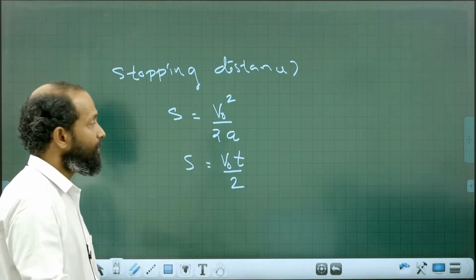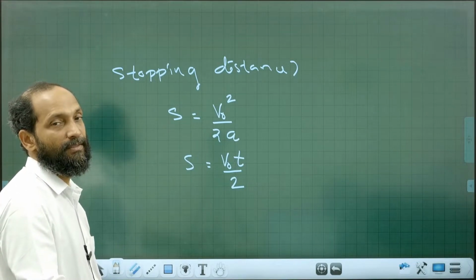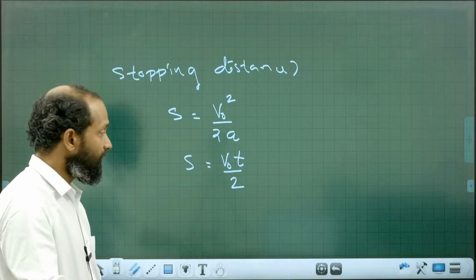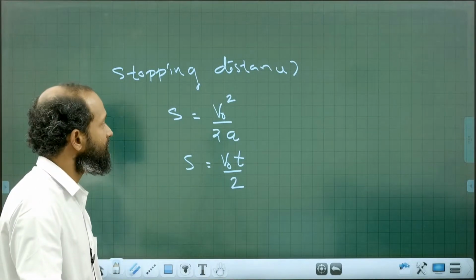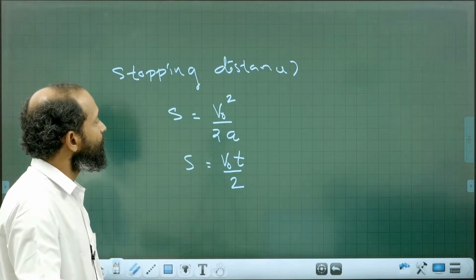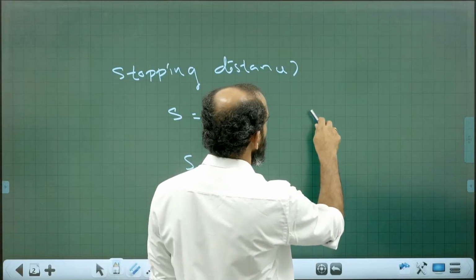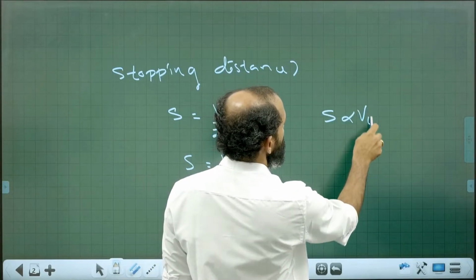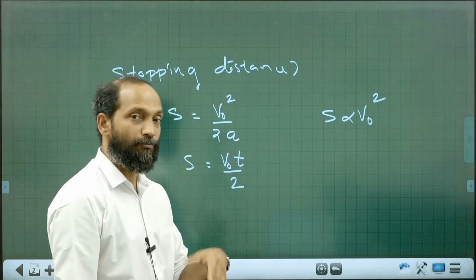If v and t are variables, we can take half into v into t as the stopping distance. s is equal to v0 square divided by 2a, so s is proportional to v0 square. That's a very important question. If v0 is doubled, speed doubled, stopping distance becomes 4 times.